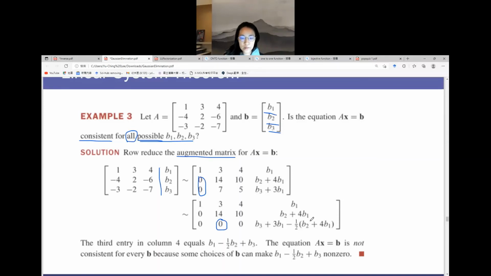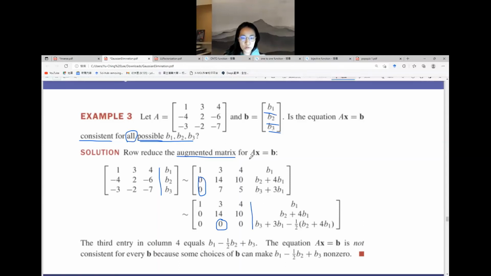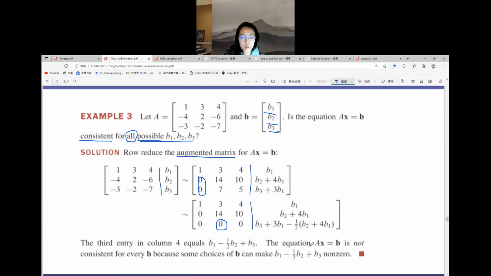So we know that in any case of B, this will be the final matrix. And then we will start to argue about what would be the situation that there will be a consistent system, where there exists a solution.